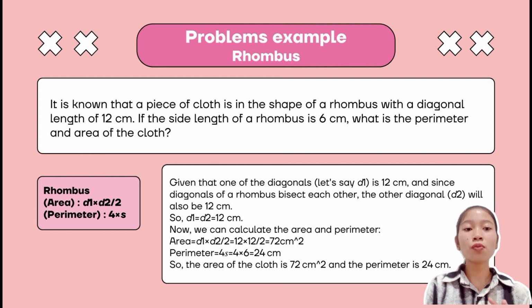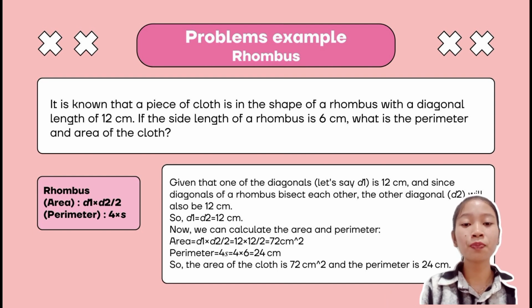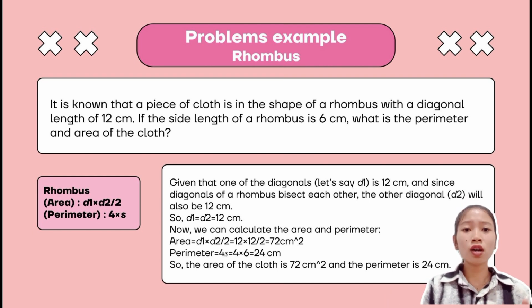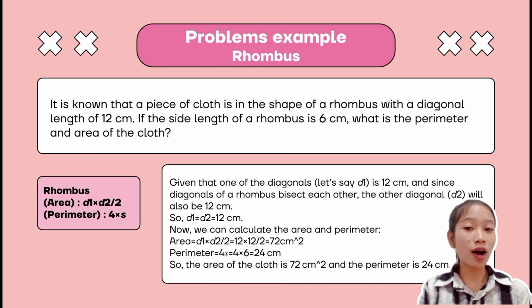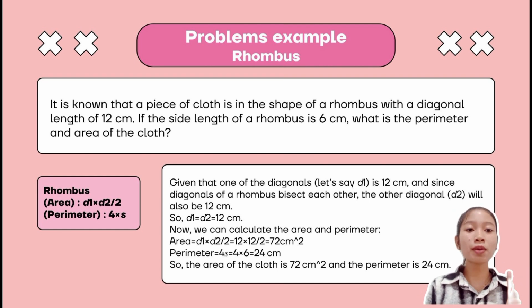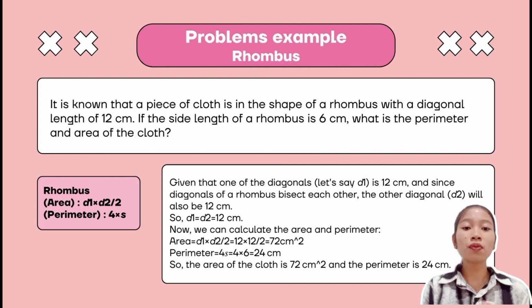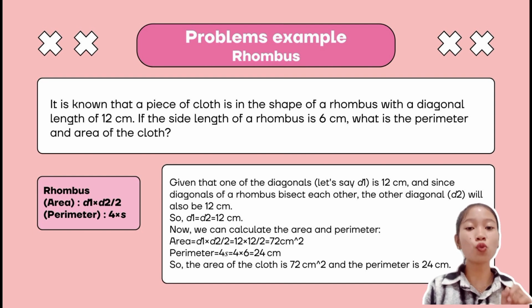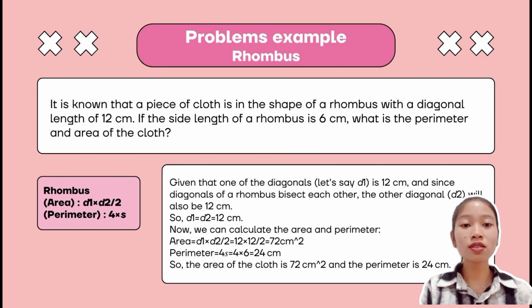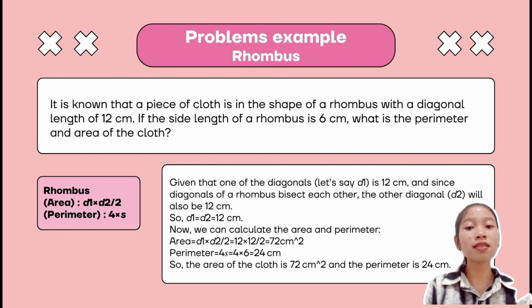If the side length of the rhombus is 6 centimeters, what is the perimeter and area of the cloth? Okay, the rhombus formula is area equals d1 times d2 over 2, perimeter equals 4 times side. Given one diagonal, let's say d1 is 12 centimeters, and the diagonals of a rhombus are equal here, the other diagonal d2 will also be 12 centimeters. So d1 equals d2 equals 12 centimeters.